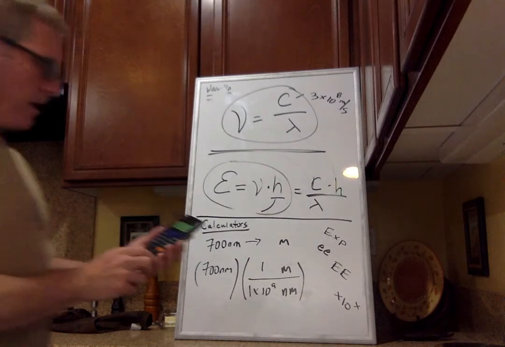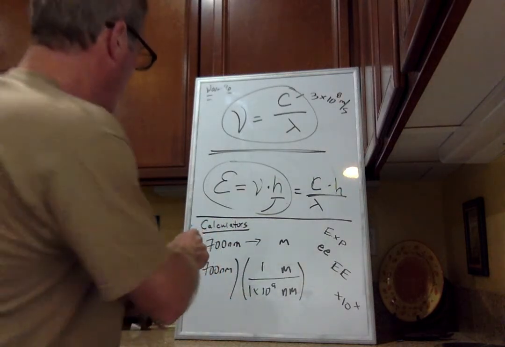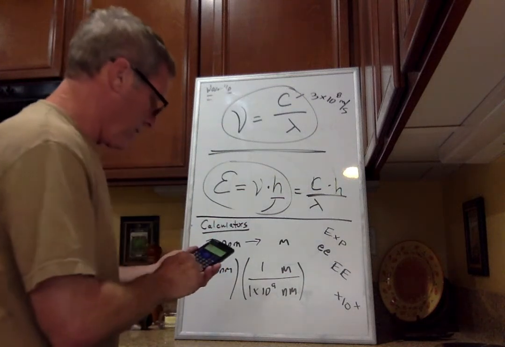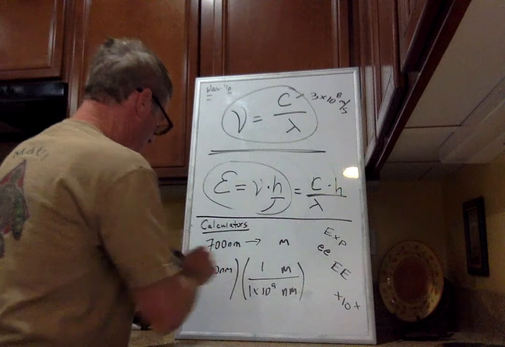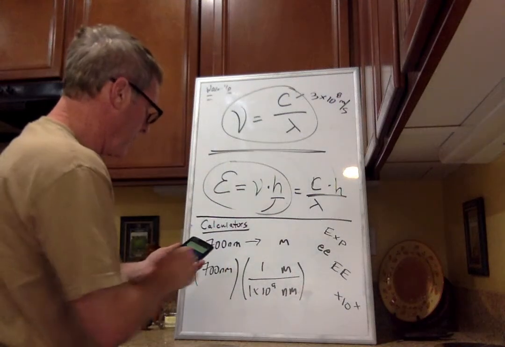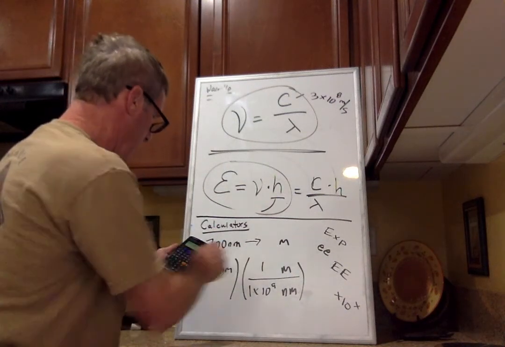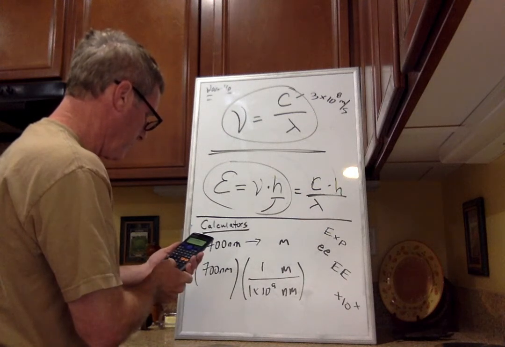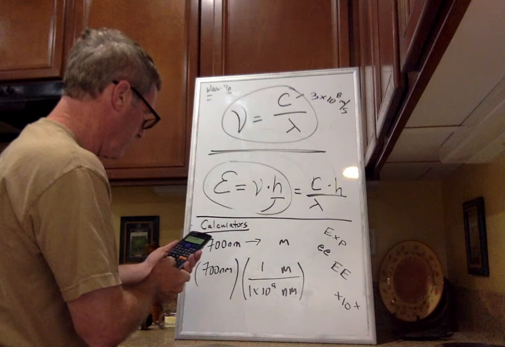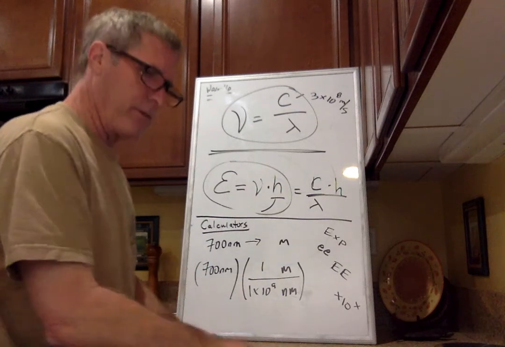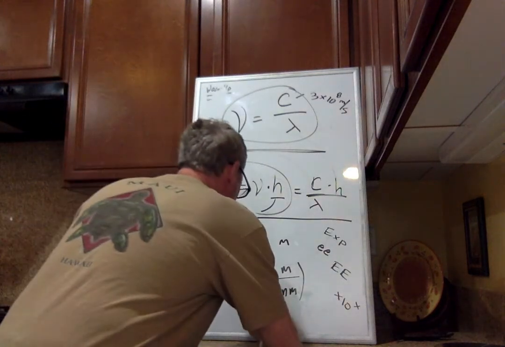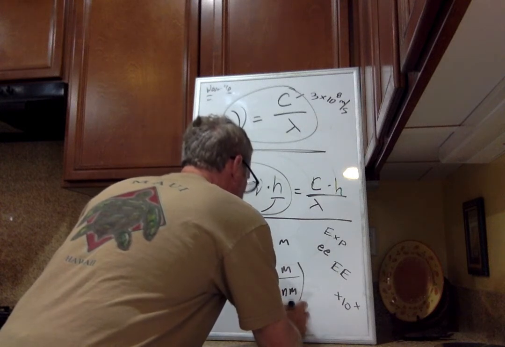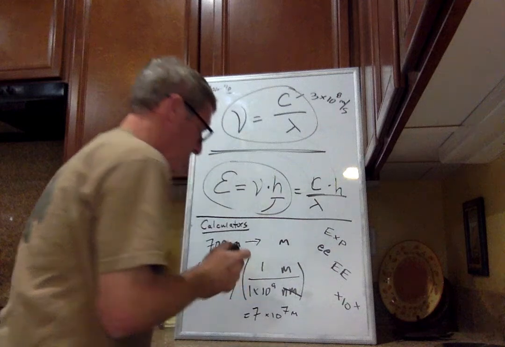So, the way that I would do this is I would go 700 divided by 1, 10 to the x, 9, equals 7 times 10 to the negative 7 meters, because nanometers cancel out.